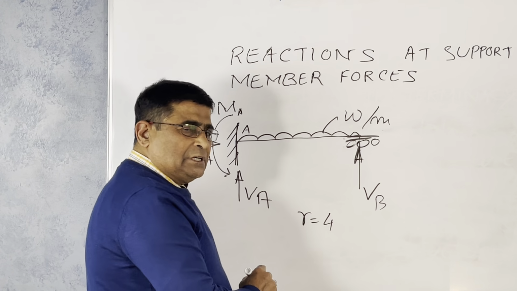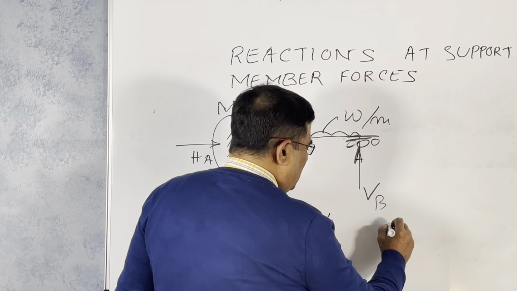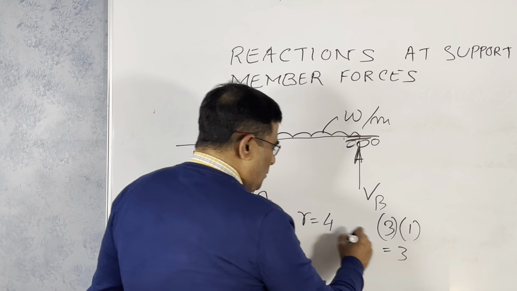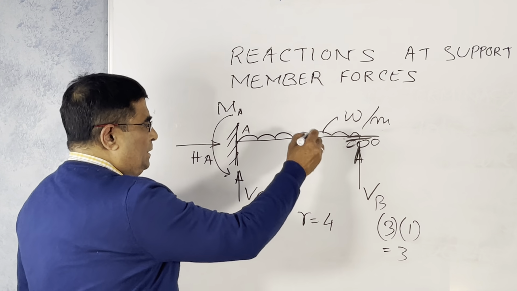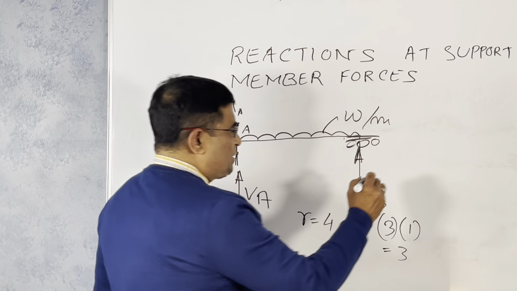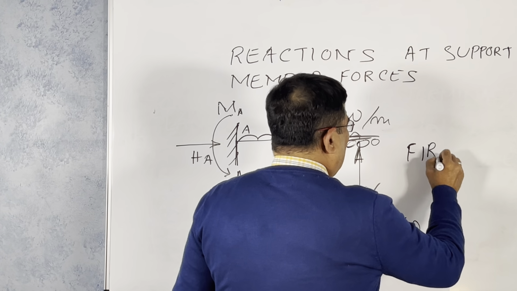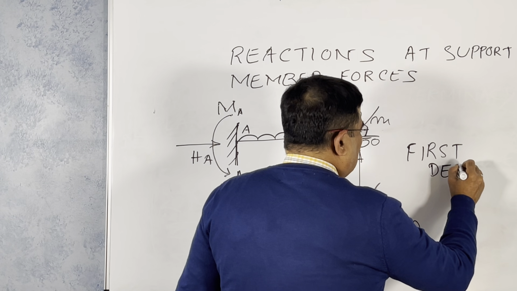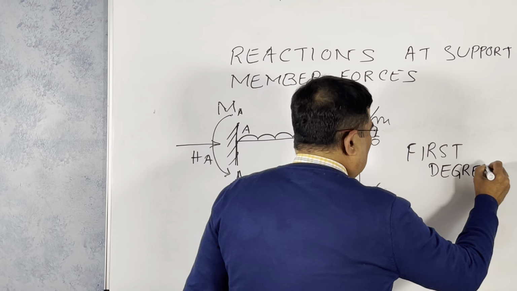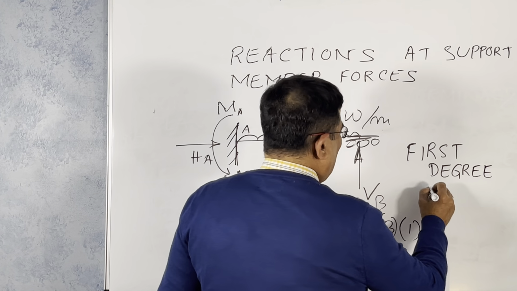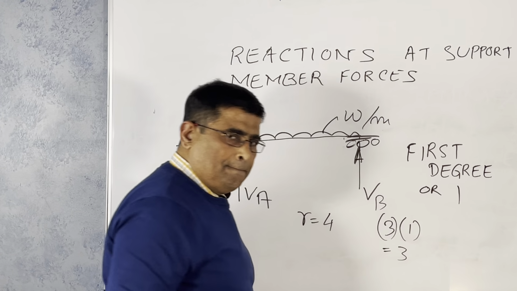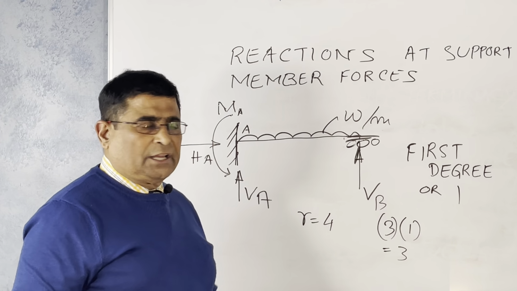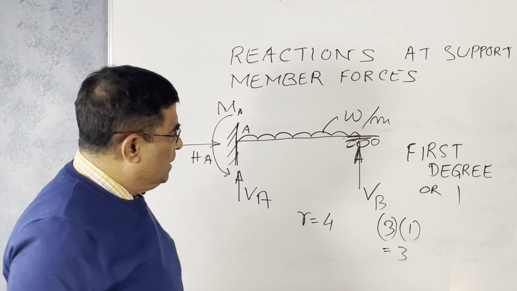One member we consider, so n times 3 is 3 times 1 equals 3. 4 minus 3 is 1. So the degree of indeterminacy is first degree, or 1. Either way it is called. Degree of indeterminacy is 1.